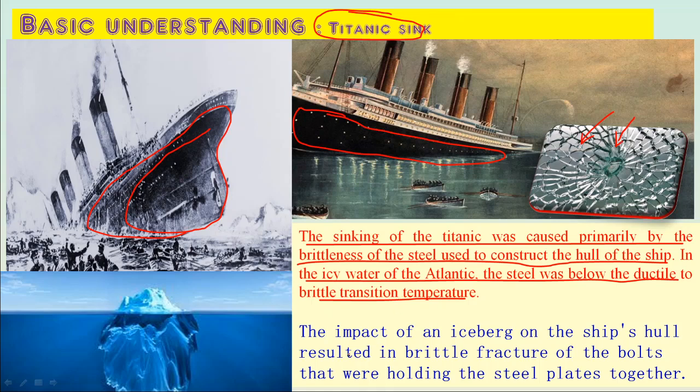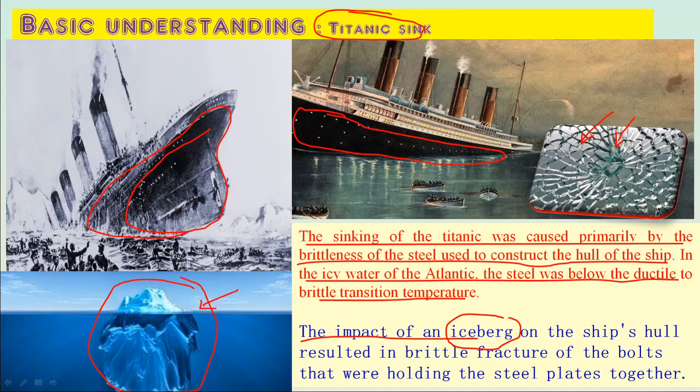That's what happened with the Titanic when it was traveling through the icy water of the Atlantic. The impact of an iceberg. So what is an iceberg? This is an iceberg, a mountain of ice which forms in the ocean.